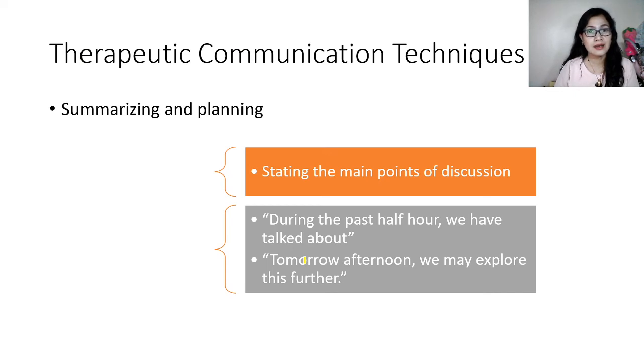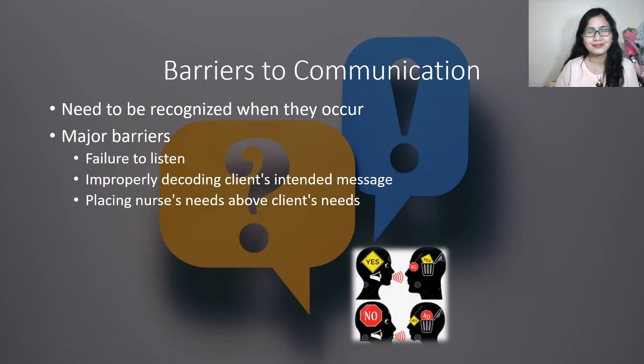For the nurse, it says, during the past half hour, we have talked about diabetes, its definition, its types, and the signs and symptoms. For the planning, tomorrow afternoon, we may explore this further. So that's summarizing and planning.